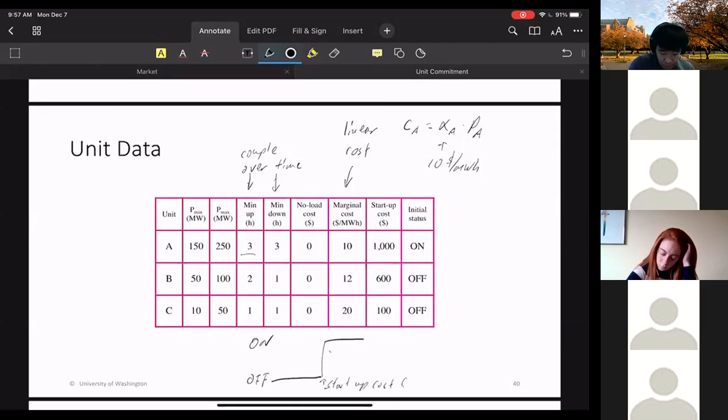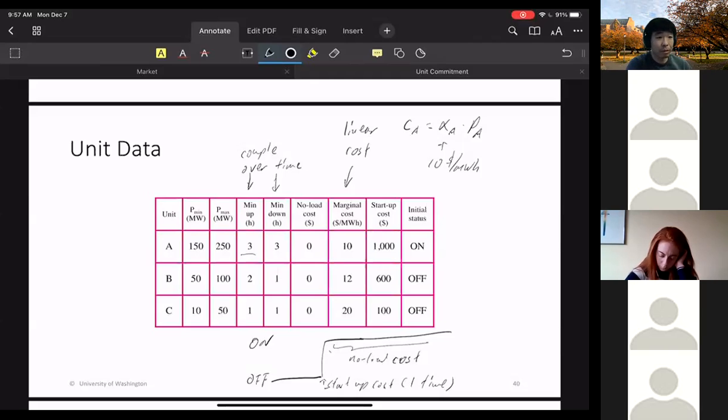Only one time. At every time, you have the no load cost. Oh, every time, the no load cost is that constant in the quadratic function. Yeah, that's a constant there, but it happens at every time instant. So if you're on, you always have the no load cost. The startup is just when it goes from off to on, so it's a one-time cost. Okay, thank you.